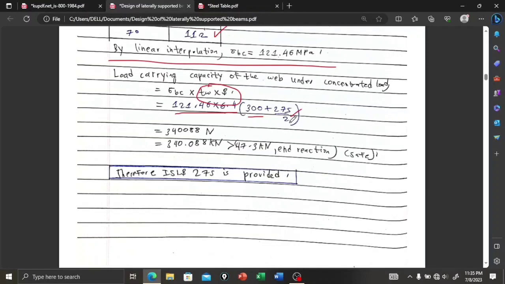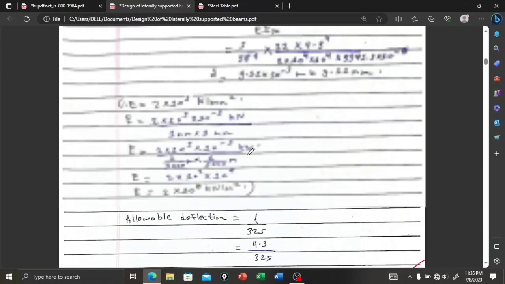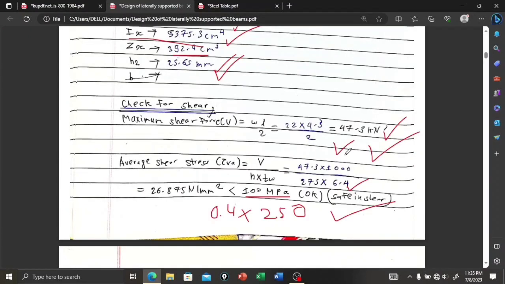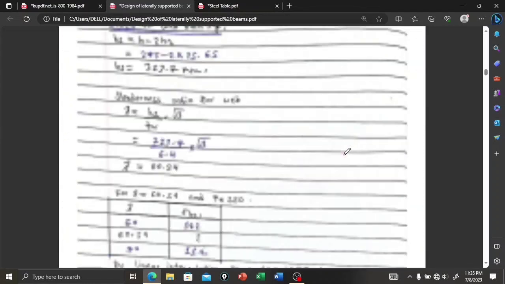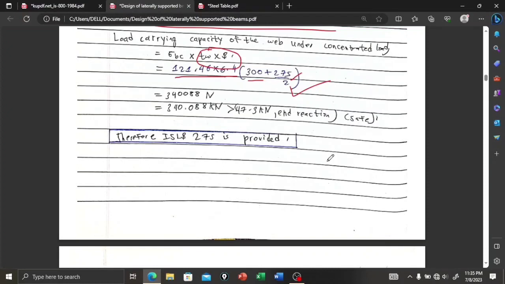Divided by 2, it is 340 kilonewton, which is greater than 47.3 kilonewton. The shear force is only 47.3 kilonewtons, but capacity is 340, so safe.